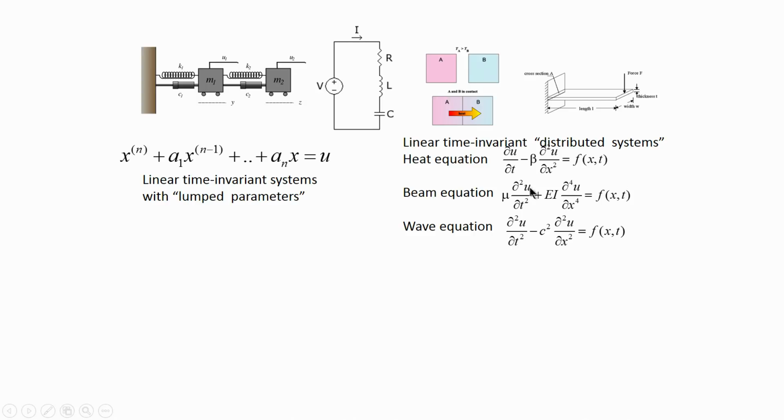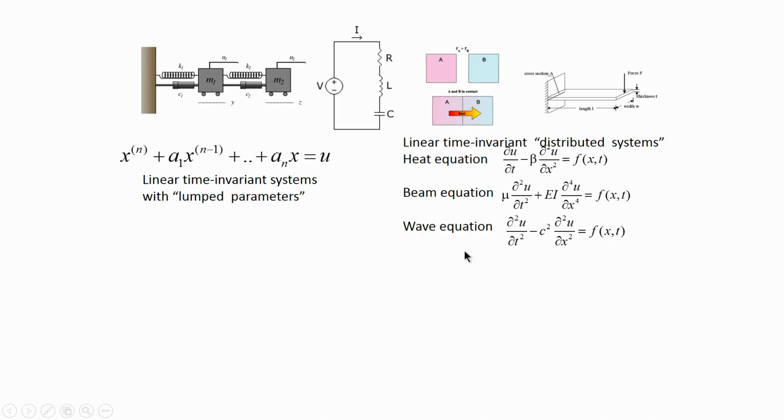Therefore, there is once again a temporal dependence of the deformation as well as a spatial dependence of the deformation, and both these together are dependent on the input force, which could itself be dependent on space as well as time. And this once again, by applying the rules for determining whether it is a linear system or not, can be verified to represent a linear system. Here f represents the input and u once again represents the output.